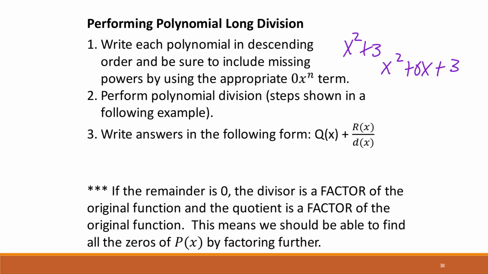Then we're going to perform polynomial division using the steps that we're going to do in the next couple of examples. And then we're going to write the answer in the form of the quotient plus the remainder over the original divisor. So let's go ahead and look at some examples.